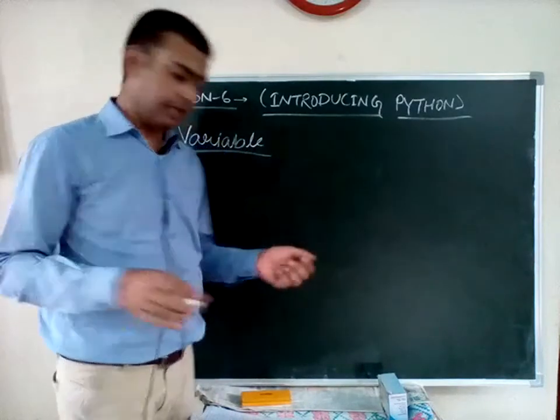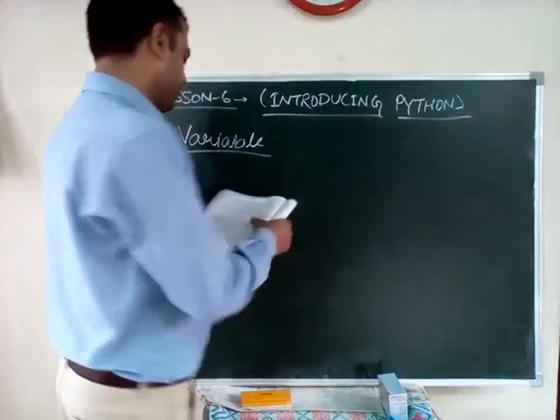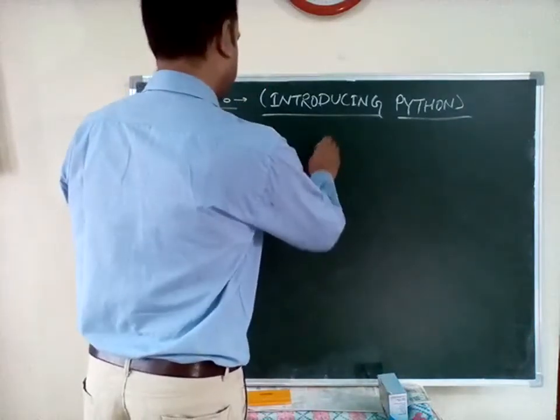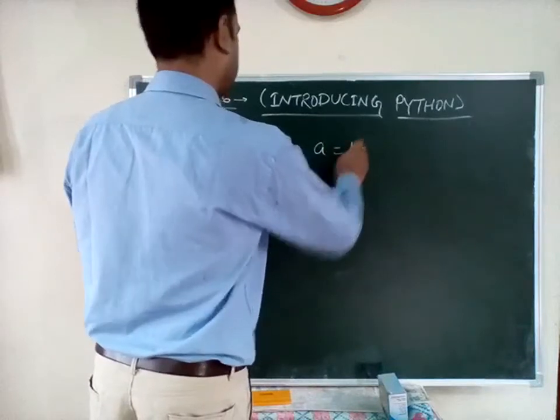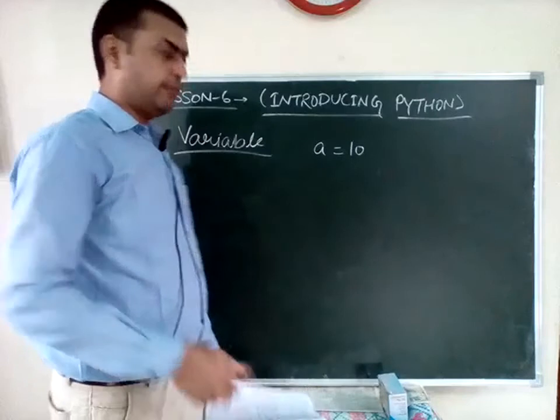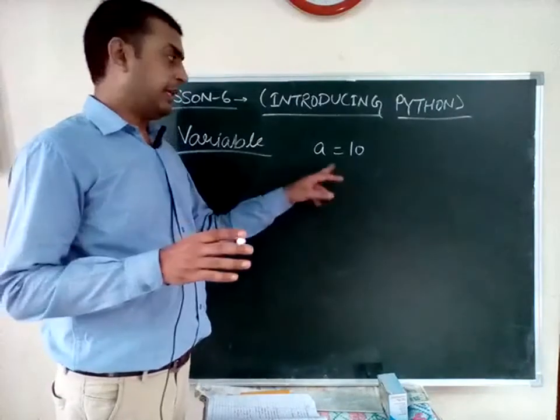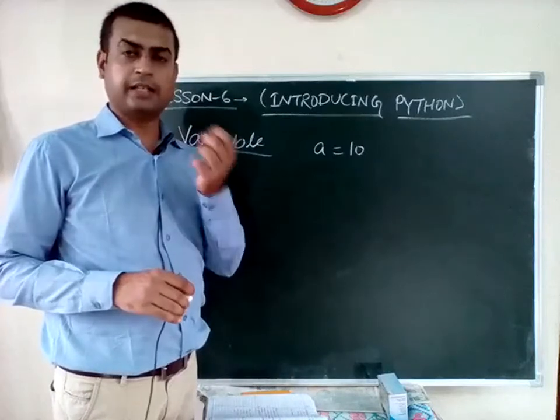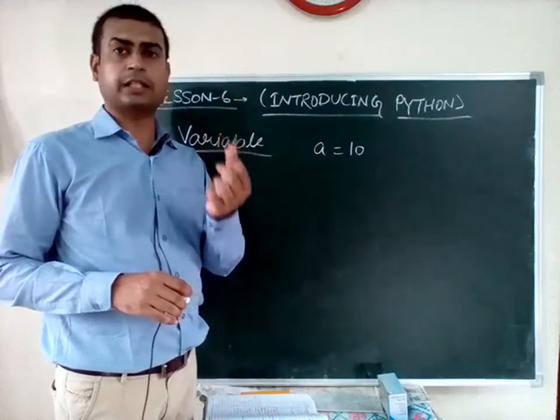For example, I am showing you this: a equal to 10. So what is the variable here? You can see a is a simple character. a is a variable because a is an alphabet and it is holding the value 10.